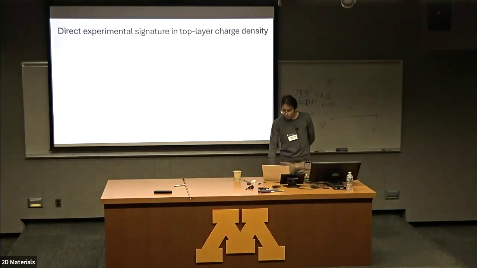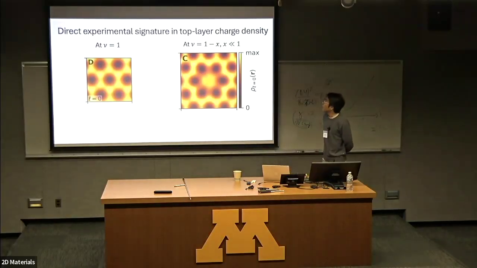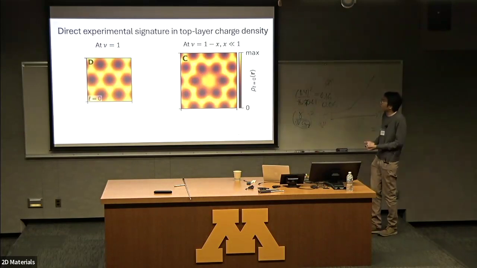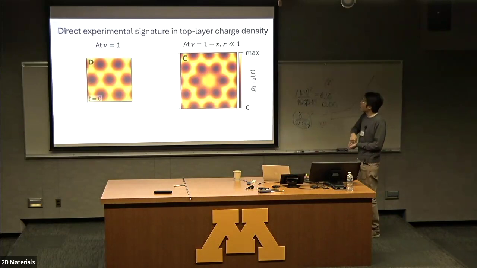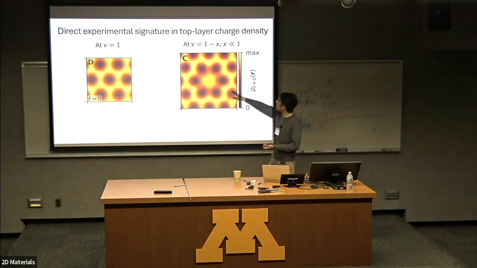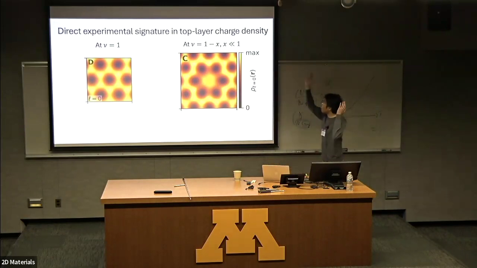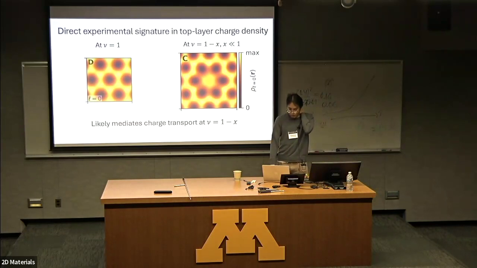Okay, so this is, I think, a sharp experimental signature. If you go to nu equals 1 and you have this nice uniform lattice, then at nu equals 1 minus x, where x is very small, if your hole gets localized by some defect, it should appear as a missing minimum in the charge, which I think is a pretty sharp signal.